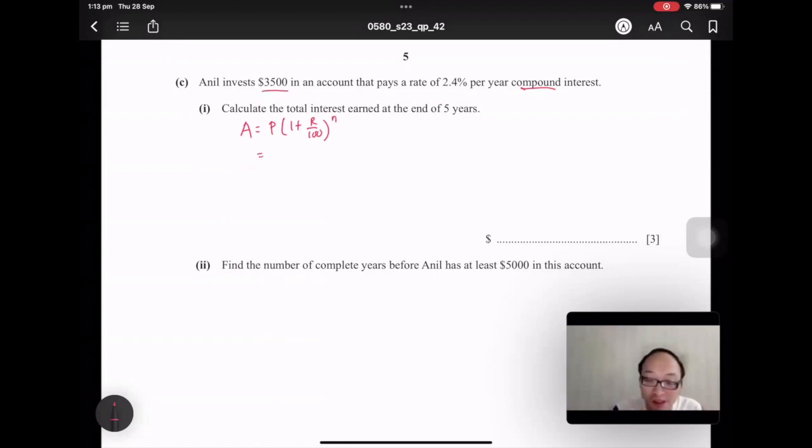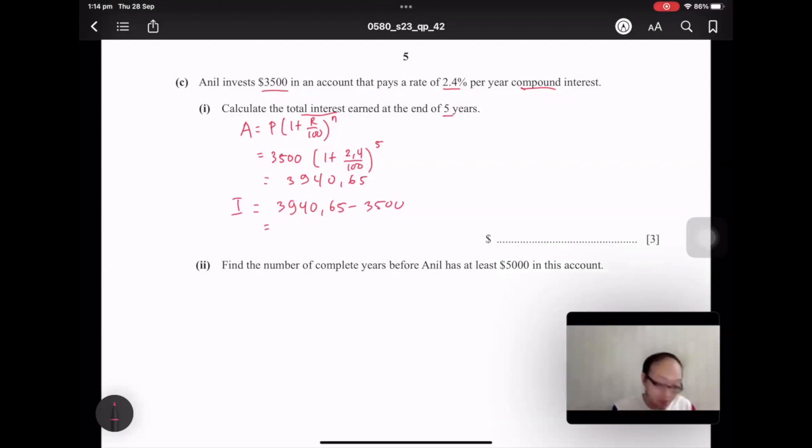So the principal P is 3,500 times 1 plus the rate, 2.4 over 100, to the power of 5. So this is 3,940.65. This is the total amount. For the interest, we have to deduct the amount with the principal.